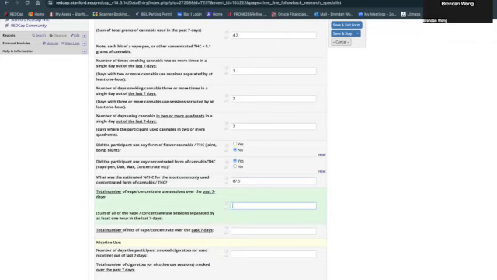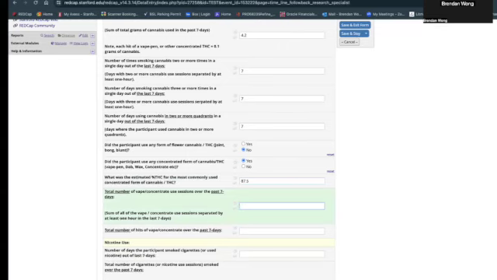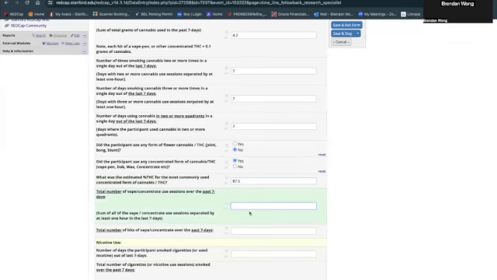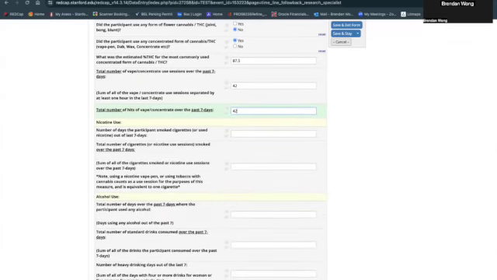And then we would go back to the timeline follow back calendar to input, first off, the total number of vape or concentrate use sessions over the past week. That was 42. And then the total number of hits of their vape pen or the concentrate in the past 7 days, and that was 42 as well. Continuing down in REDCap, we would also input data for their nicotine usage for the past 7 days.